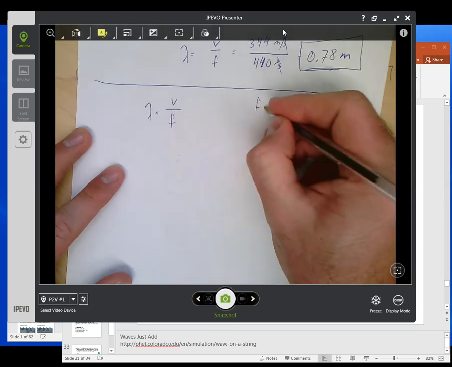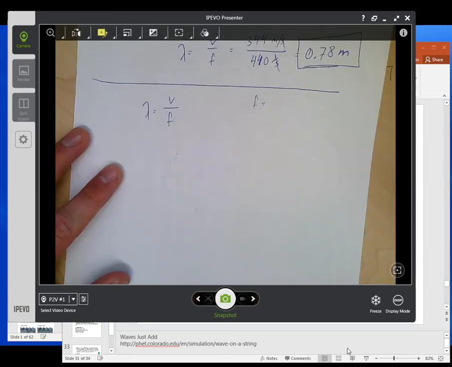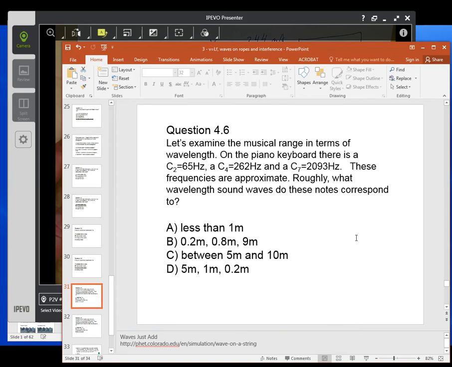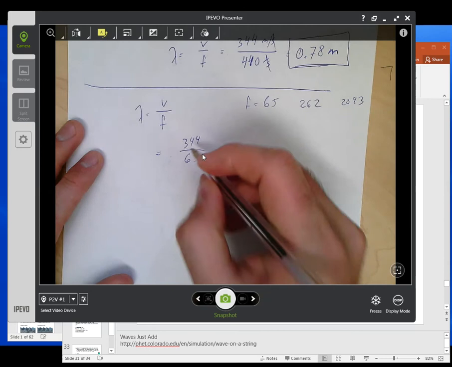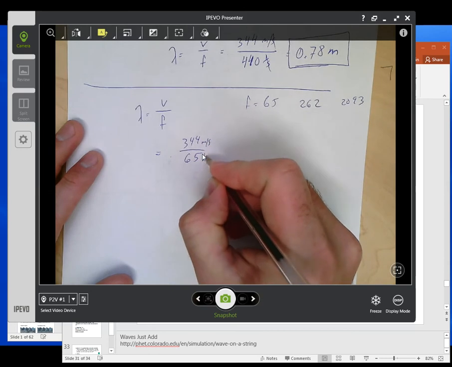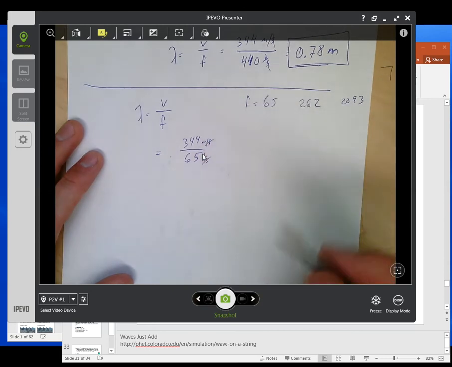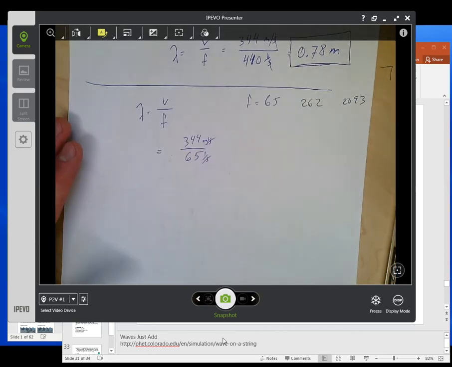And the frequencies that we're given here are 65 hertz, 262 hertz, and 2093 hertz. So literally, we just need to plug in 344 divided by, say, 65 or 262, etc. And so we're going to do, again, meters per second, and 1 over seconds. We see that 1 over seconds cancels out, and we're left with meters, which is what we need.